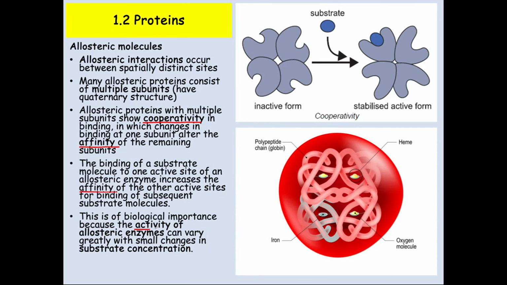Well, the activity of the allosteric enzymes can vary greatly with just small changes in the substrate. So just small changes in the oxygen concentration will have a big impact on the activity of the hemoglobin molecules in a red blood cell. They will suddenly have a high affinity when oxygen concentration is a bit higher, and then without much notice, they will very quickly go down to having quite a low affinity as the oxygen concentration drops, even just slightly.